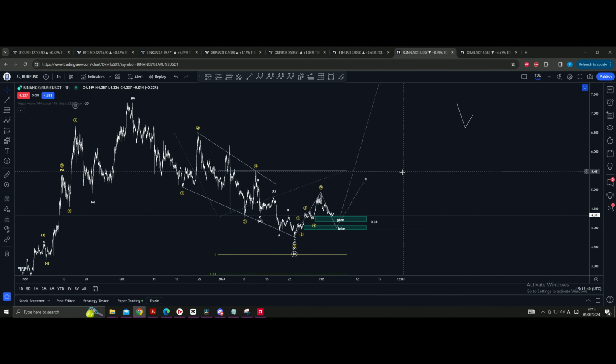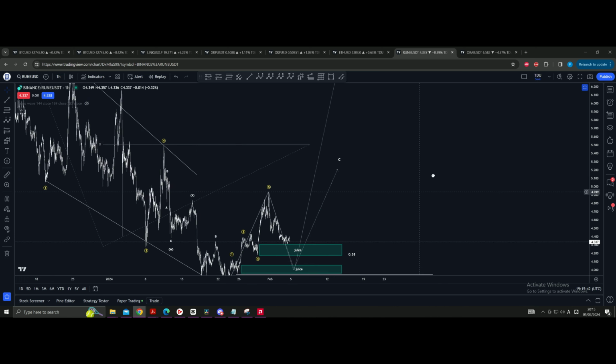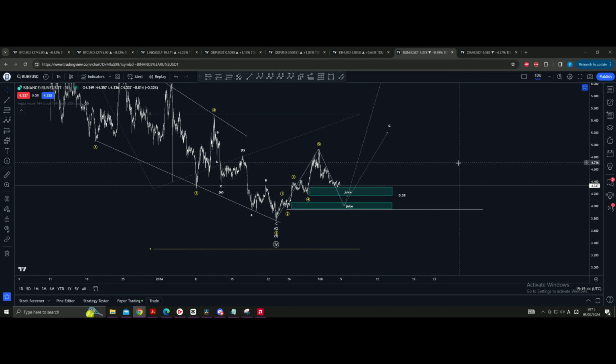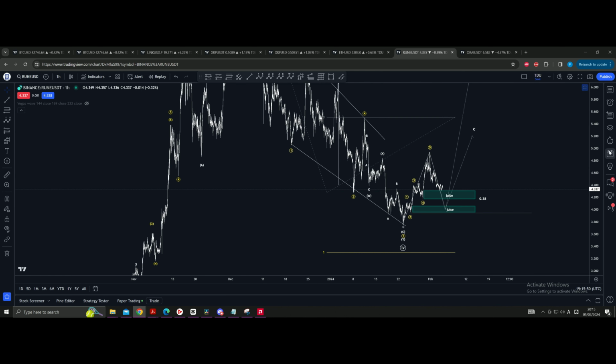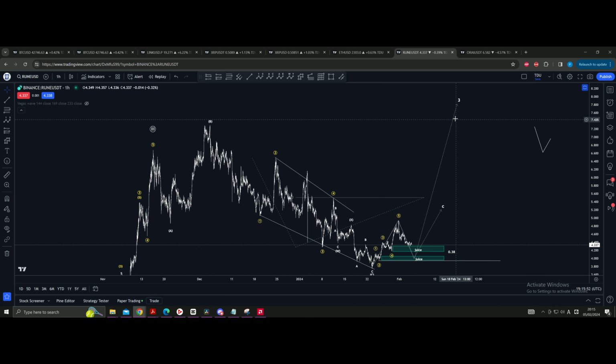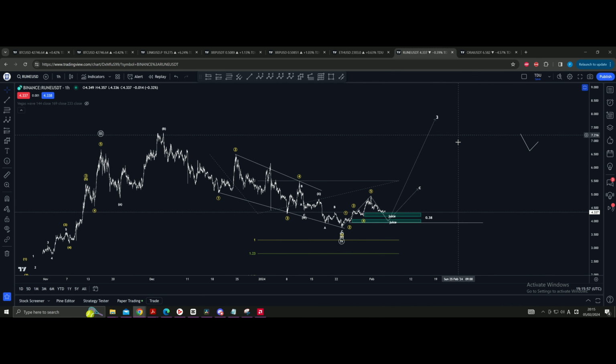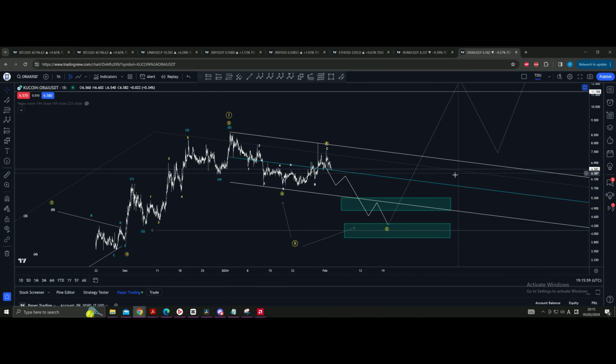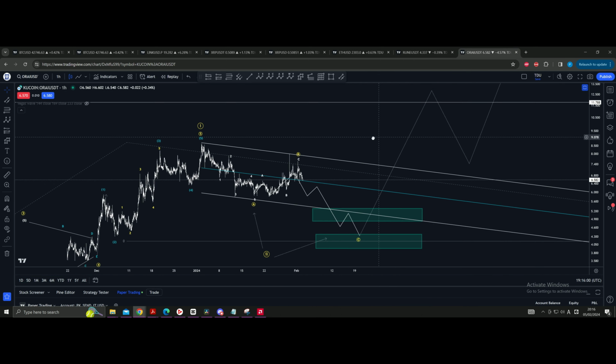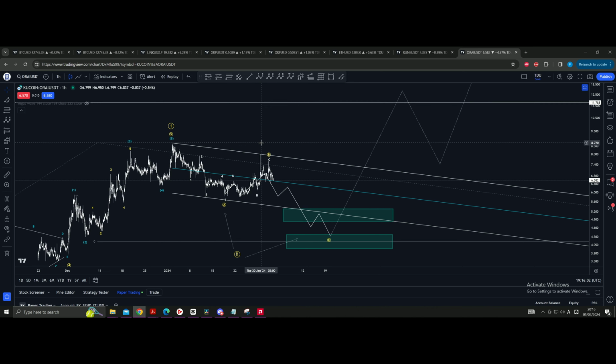RUNE still didn't go, just like Link didn't go, but here's the juice, what I'm looking at for a retracement level. So either we go for the C or 3. That would be a good one to complete the fifth. Nothing significant on this one either, that's why I'm going to go quickly over them.